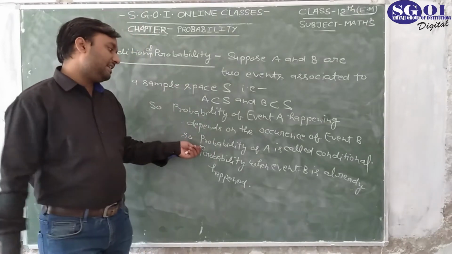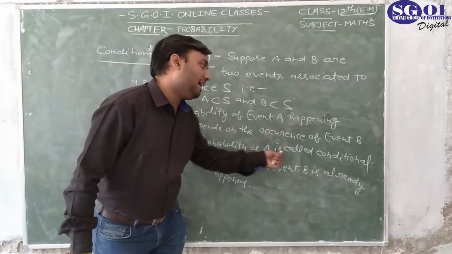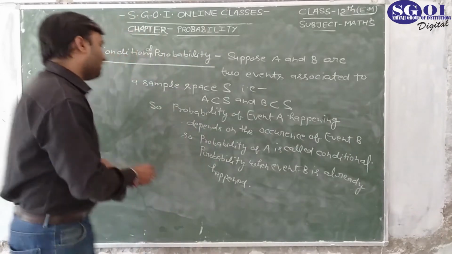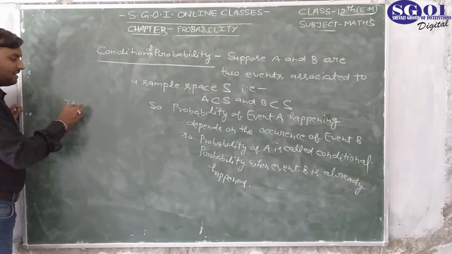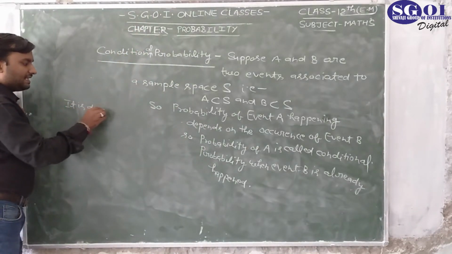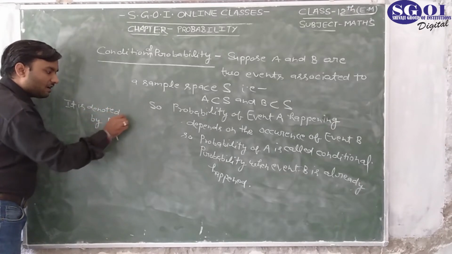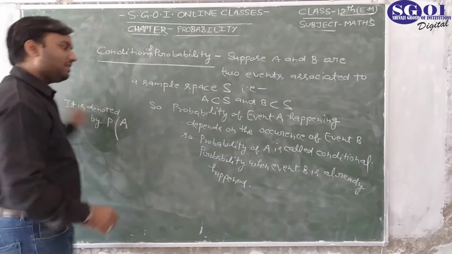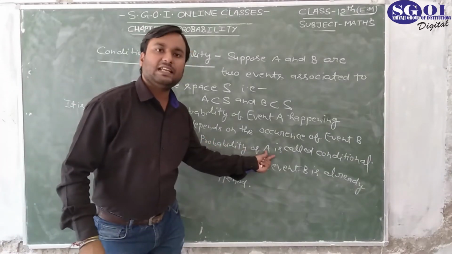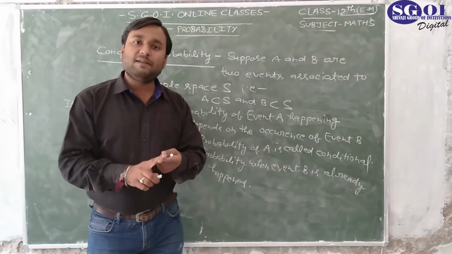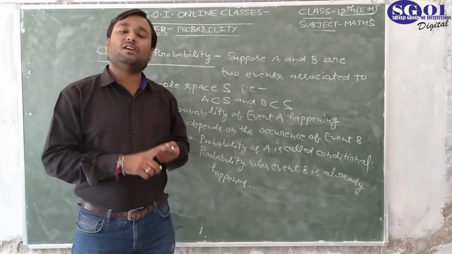So what is the definition? Probability of A is called conditional probability. It is denoted by P(A|B), because we have to find the probability of A when event B has occurred.